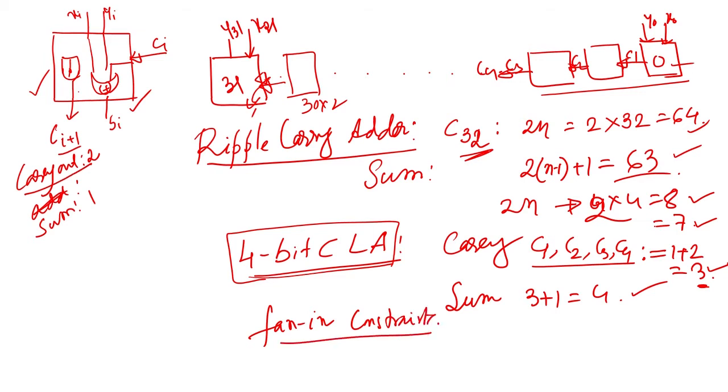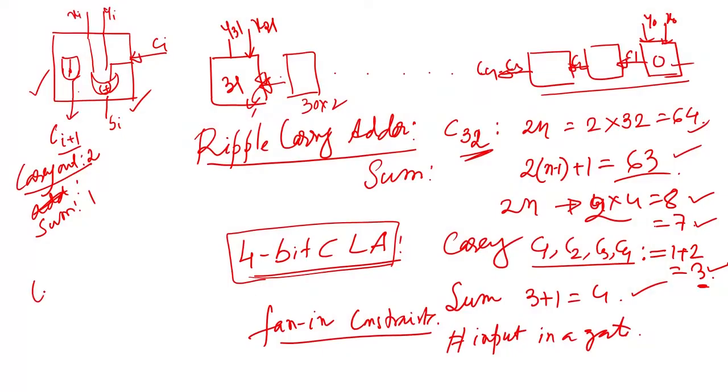Fan in is nothing but the number of inputs in a gate. There is a restriction on the number of inputs in a gate. If you carefully see, C4 has 5 sum of product terms.